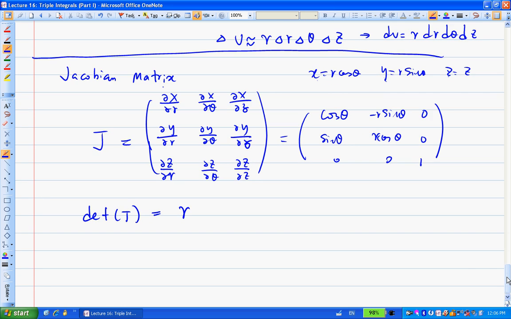Now, your transformation here essentially says that dx dy dz is equal to the determinant of J times dr d theta dz. So that's very useful.